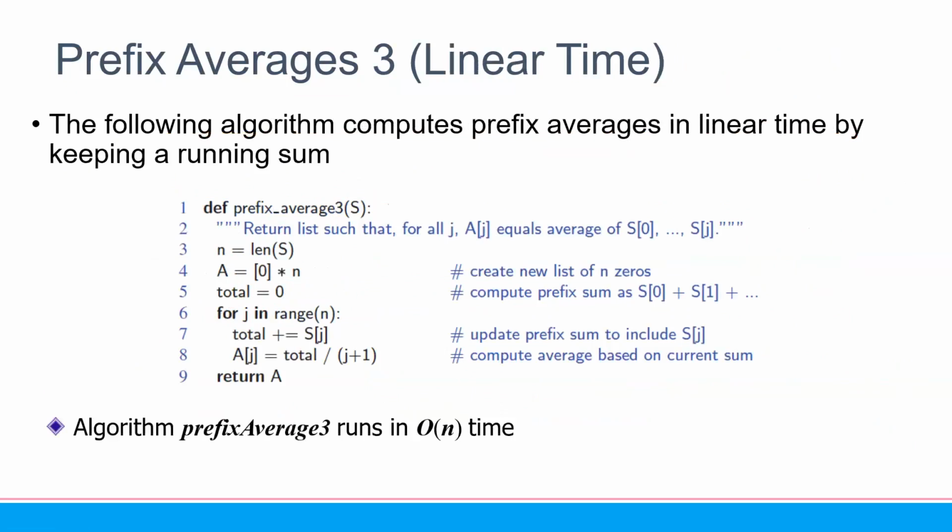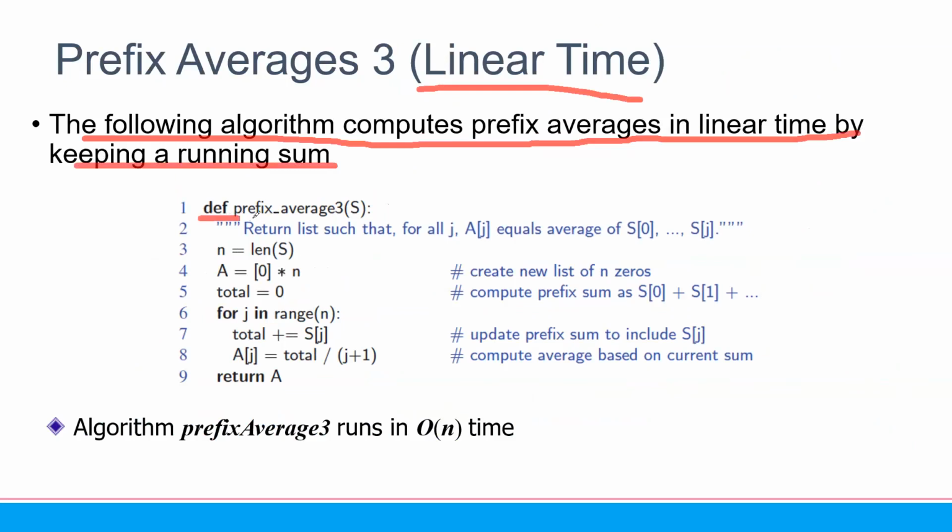Now we have prefix average 3. This is linear time. Let's see how it works. The following algorithm computes prefix averages in linear time by keeping a running sum.